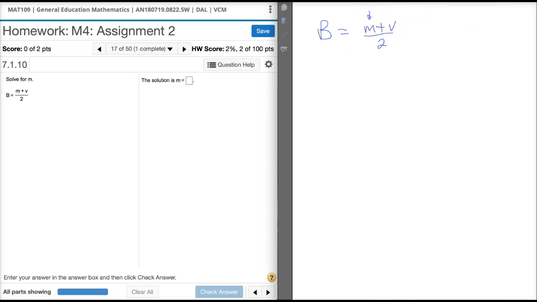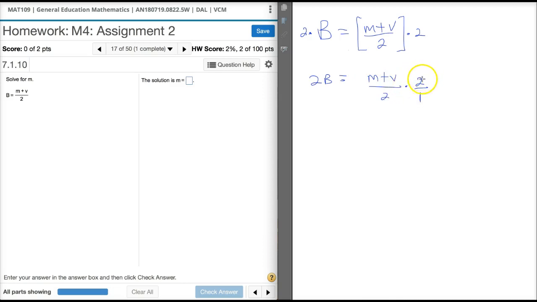Okay, so I'm going to erase this, and we're going to multiply both sides by 2. So that means that on the left side, this just becomes 2b. And here, when we multiply both sides by 2, this is like me saying m plus v divided by 2 times 2 over 1.